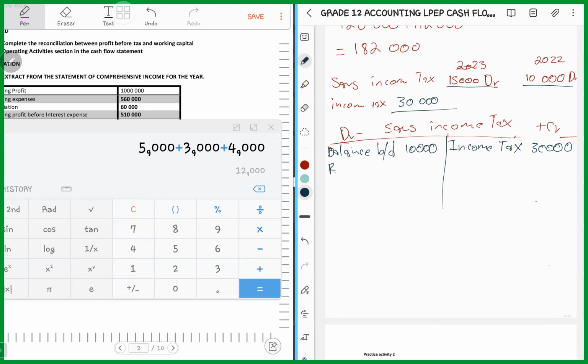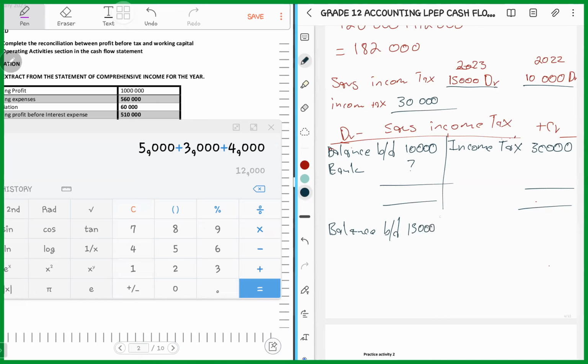Remember, our bank should be the balancing figure. Then we'd say balance brought down, which is 15,000.